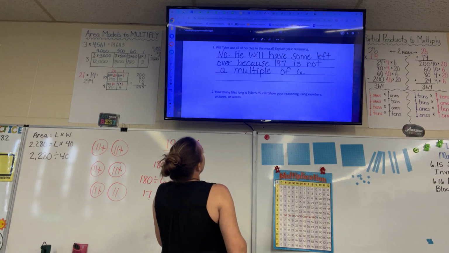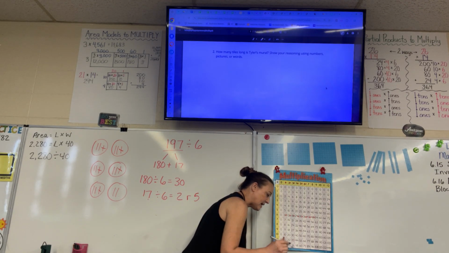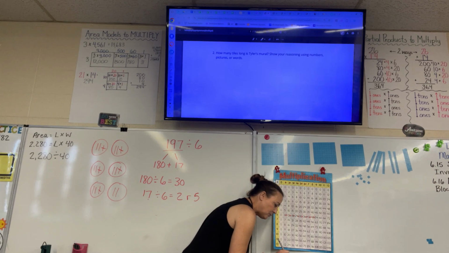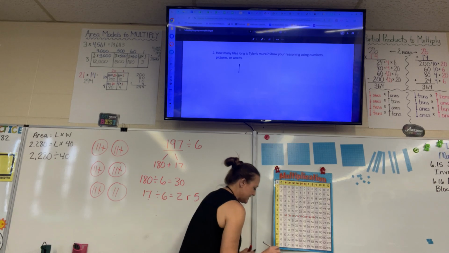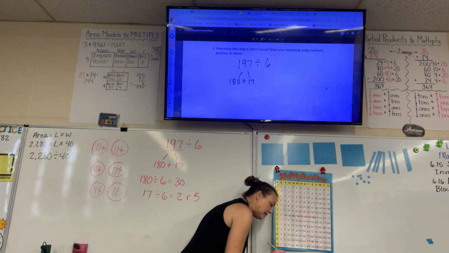Okay, so here we go. Let's write it out. How many tiles long is Tyler's mural? So we're doing, write this down, 197 divided by 6. So we split 197 into 180 plus 17. 180 divided by 6 is 30.